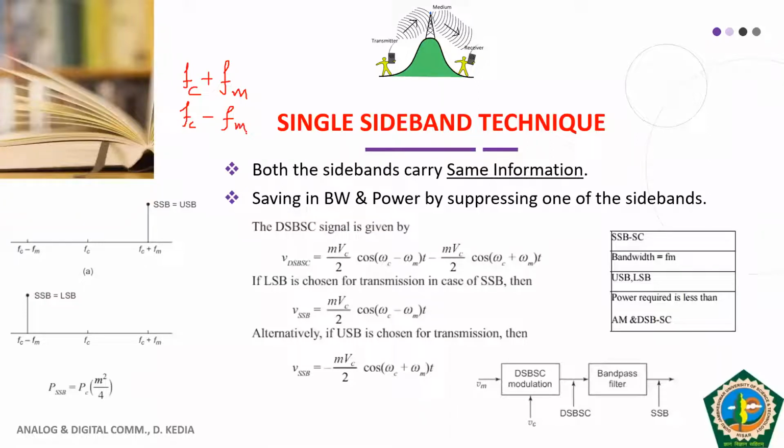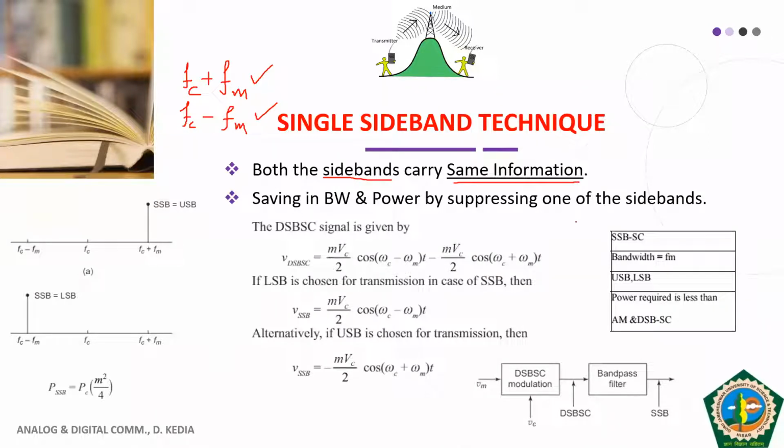In fact, you people should have asked this question: sir, we had only one modulating signal, whereas we have obtained two frequencies in the form of sidebands. It means the modulating signal is present in the two sidebands. Because FM is present in both the lower sideband as well as the upper sideband, both sidebands carry identical information.